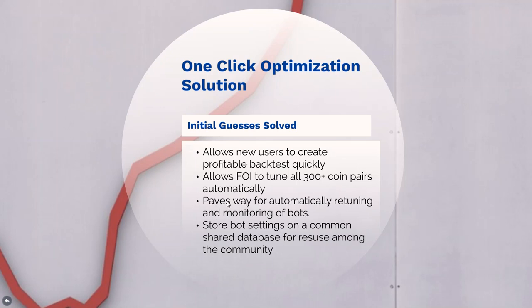On top of that, we'll be able to store all the bot settings on a common shared database, or MySQL database, on a server somewhere that all the bots are using and contributing to, so that when you start off, you don't have to tune all 300 pairs by yourself. Maybe we have 150 already done, or maybe all 300 are already done. All you do is pull it in, and everyone can constantly contribute to and update the settings as the market changes, as a collective.